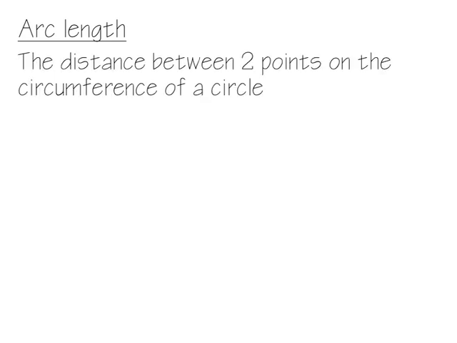So we're going to come up with a unit of angle measure that relates the arc length and the radius. First off, arc length is simply the distance between 2 points on the circumference of a circle. If I choose a point here and a point here, my arc length is that distance. If I want to know what that distance is, I could create an angle where the vertex is at the center of the circle.